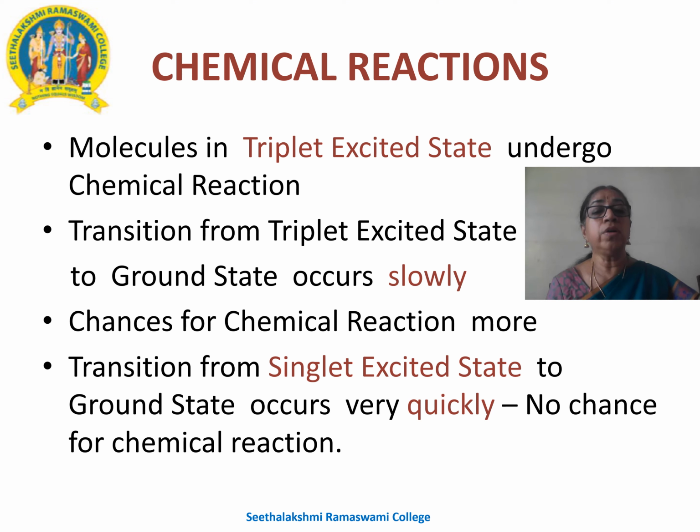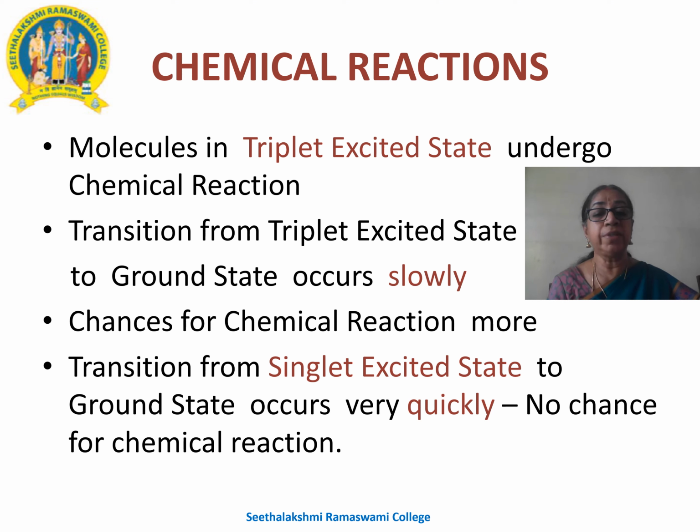During that long time, molecules have chances to undergo chemical reactions, so the transition from T1 to S0 may be accompanied by chemical reactions also. And the transition from the singlet excited state, S1 to S0, never leads to chemical reaction, because it occurs very quickly. The molecules have no chance for the formation of products.